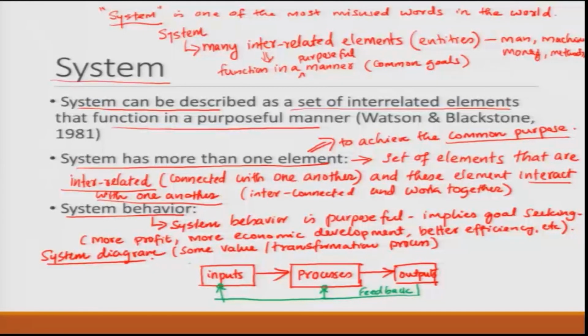Then along with this, we will also have what we call the boundary of the system. If this is what we are focusing on to study the system, then the rest of it is what we call the boundary, okay. And through the boundary, the system will interact with what we call the environment.